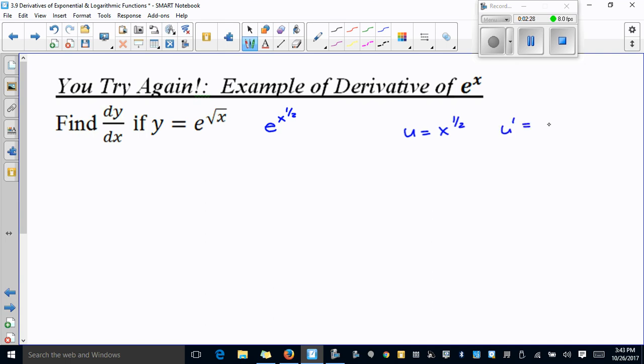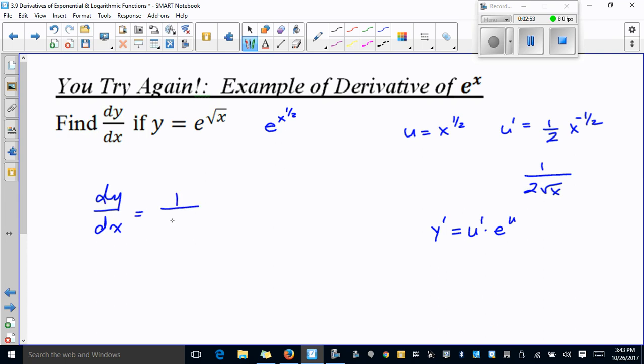So we come over here, dy/dx equals 1 over 2 square root of x times e to the u, or e to the square root of x. So in other words, dy/dx is equal to e to the square root of x over 2 square root of x. There's your derivative.